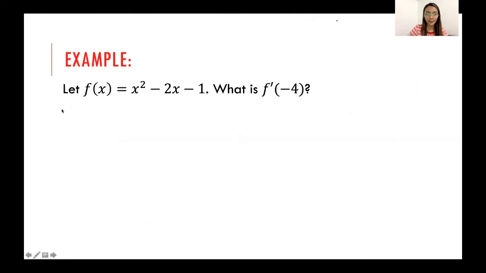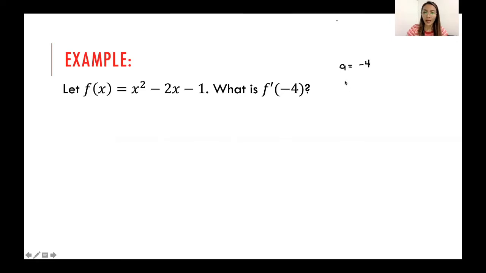Okay, so same process lang yung gagawin natin sa ginawa natin kanina. So we have the limit of, sige, hanapin muna natin yung a. Since this is the derivative of f of a, or f prime a, so therefore our a here is negative 4.